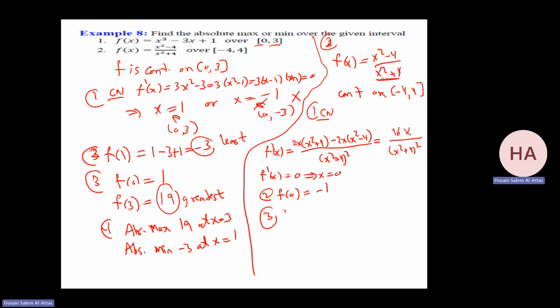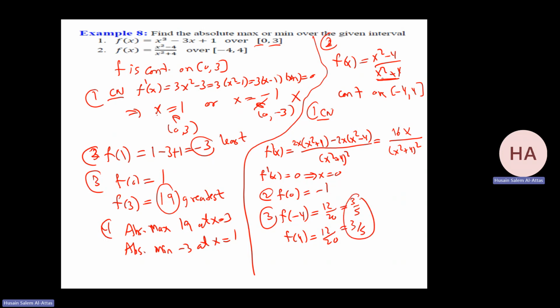My next step, we'll check f at the endpoint. F at minus 4 will be what? 16 minus 4, that will be 12 over 20, which is 3 over 5. F of 4 will be the same, since it's x squared, so it will not be affected by being positive or negative.